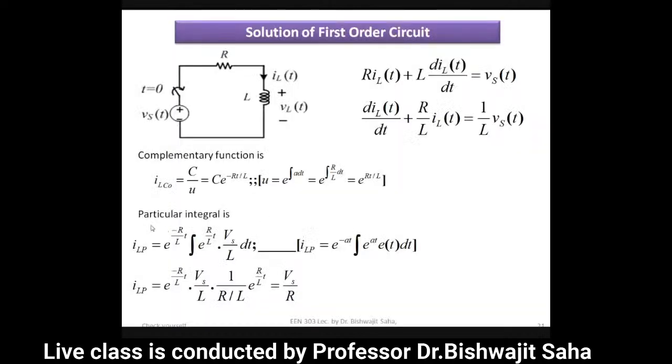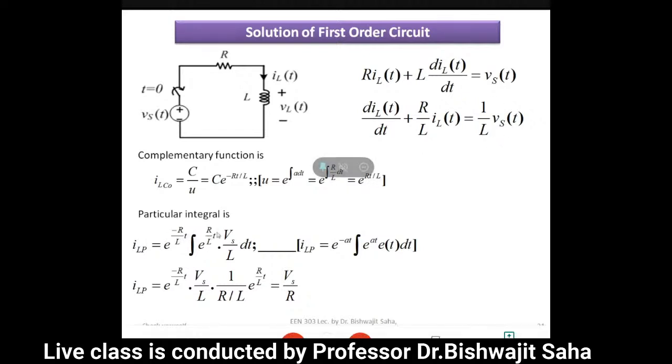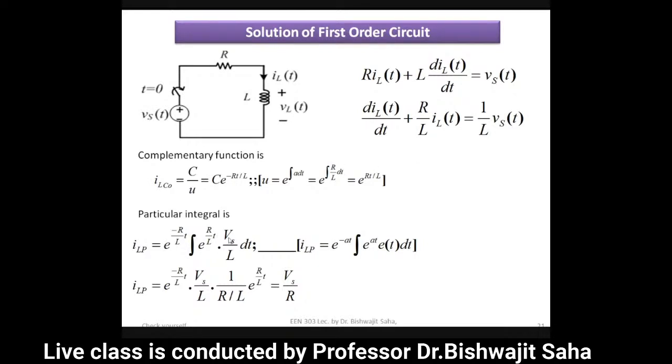After that, particular integral ILP equals 1 over u. Can you remember the equation? 1 over u integration, u multiplied by the Vs of t dt. Since here u is e to the power R by L t, 1 over u is e to the power minus R by L t. Integration e to the power R by L t multiplied by Vs by L dt.